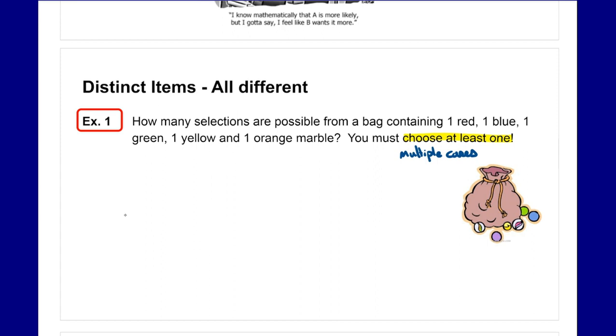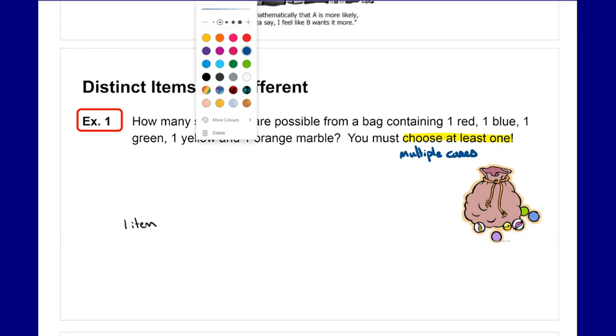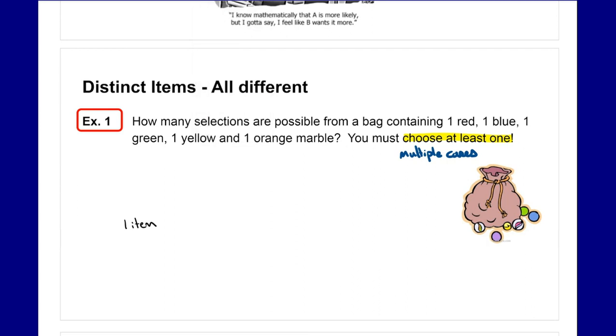At least one could mean we have one item, so 5 marbles choosing 1, or, and by or we mean add, 5 marbles choosing 2, so 2 marbles that we pick, or 5 marbles choosing 3, or 5 marbles choosing 4, or 5 marbles choosing 5.